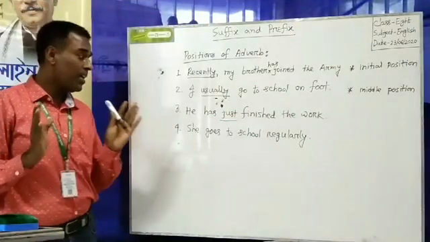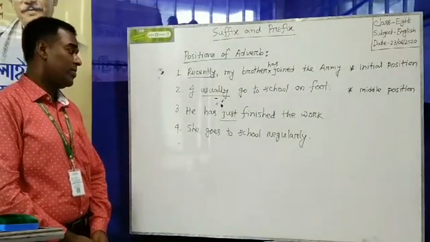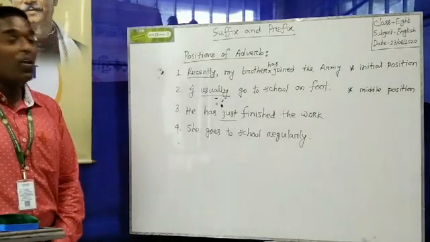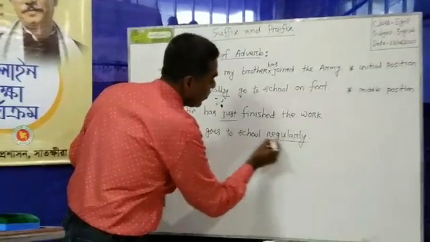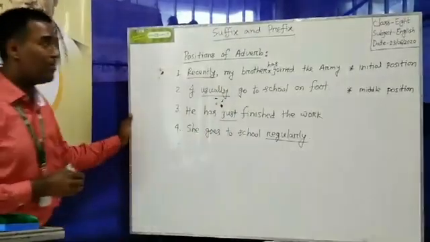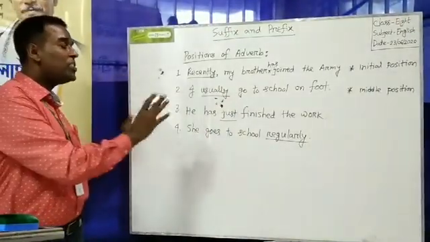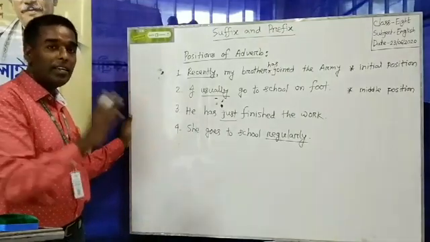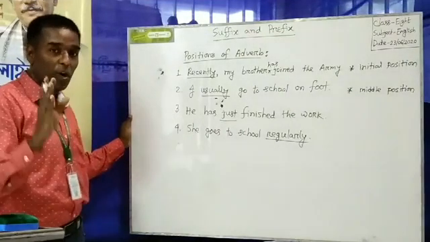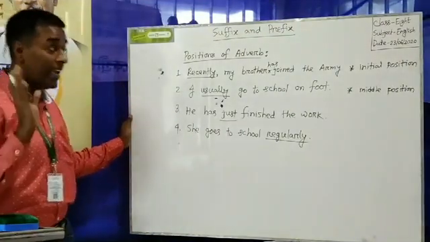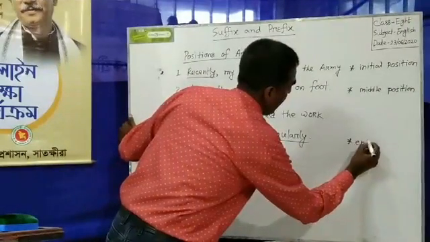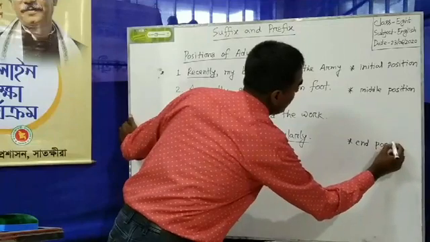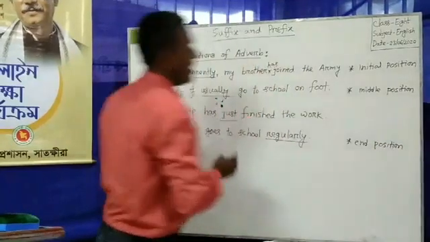Now look at the last one. She goes to school regularly. Here regularly is an adverb. And what is the position of regularly here? Yes, you have got the right point. It's the end position.